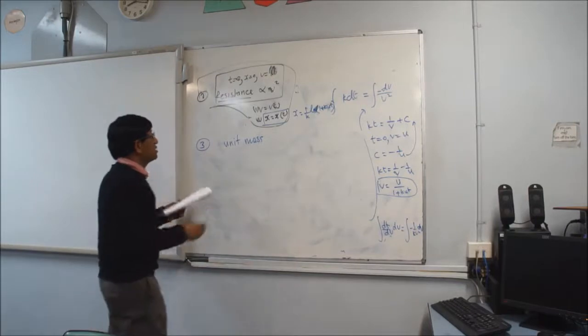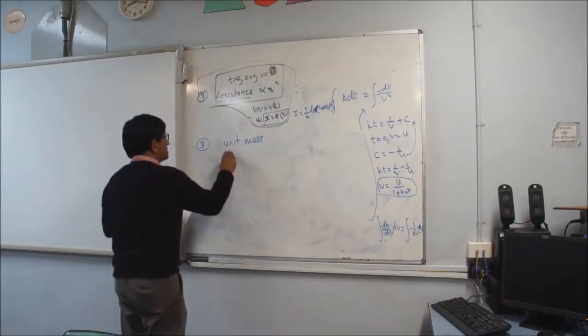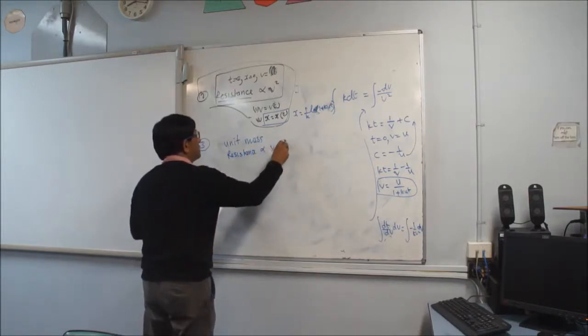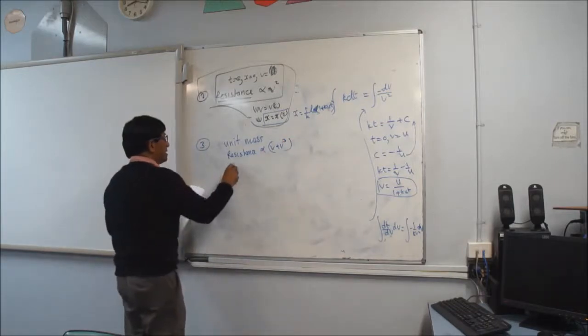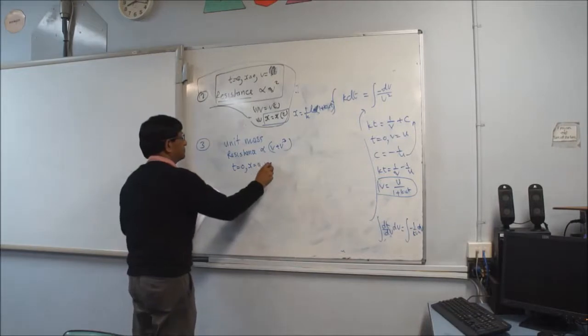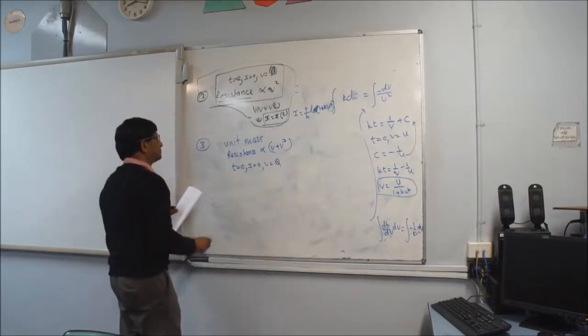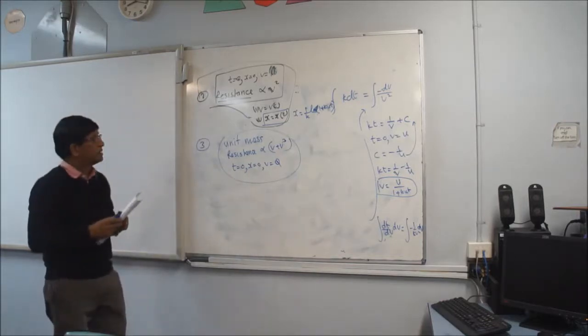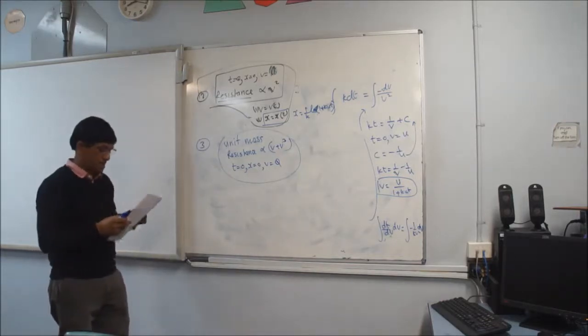So there's a particle of unit mass, and the resistance is proportional to V plus V cubed. V is the velocity. So initial conditions, that's the information given to you.